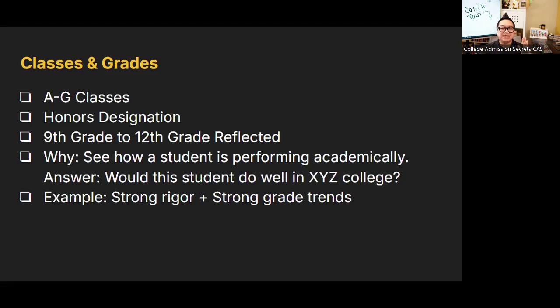UCs will see your ninth grade classes and grades. A lot of people think, oh no, the UC GPA only does 10th and beyond. Yes, but I do see ninth grade though. So you still want to do the best you can in ninth grade. Same thing with 12th grade. They won't see your grades, but they'll see your class schedule. That's how important your schedule is in 12th grade itself, okay?